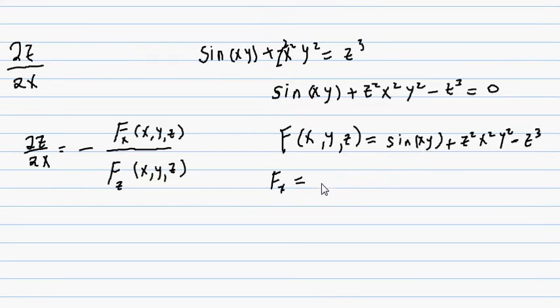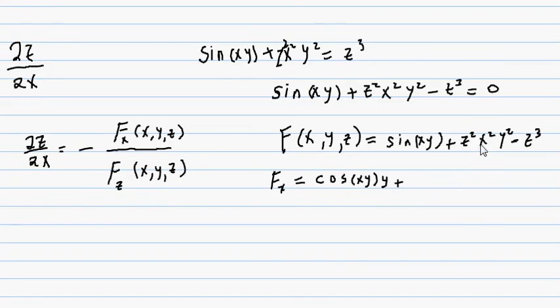Okay, so the derivative of sine is cosine, perfect. Now I take cosine of xy, and I have to find the derivative of the inside with respect to x. Well, that's just going to become y, plus the derivative of this term here with respect to x.